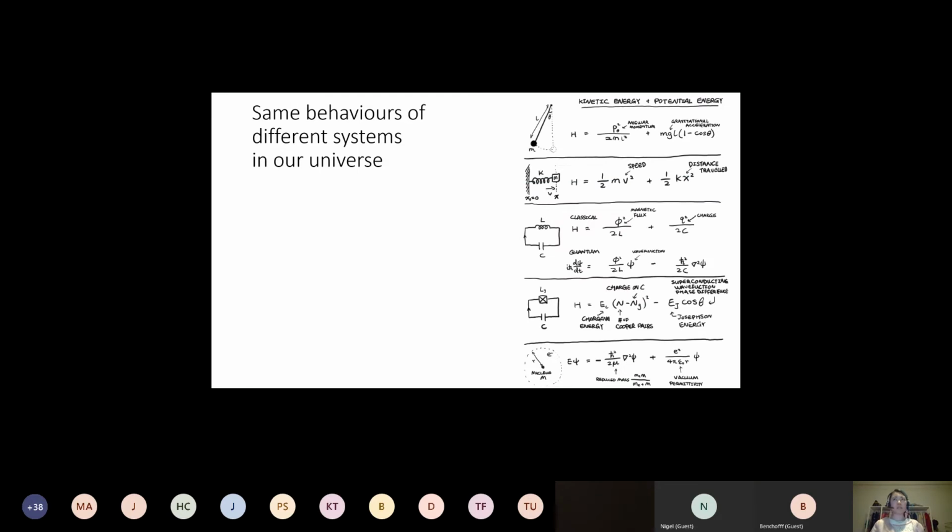And for people who have seen the hardware class that I've given, I showed some parallel comparison between many different systems in our universe that actually behave very similarly. People who have seen this commented last time that this was very beautiful. So today we have more examples. This is showing the Hamiltonian of all these different systems: pendulum, weight on a spring, or LC circuits.